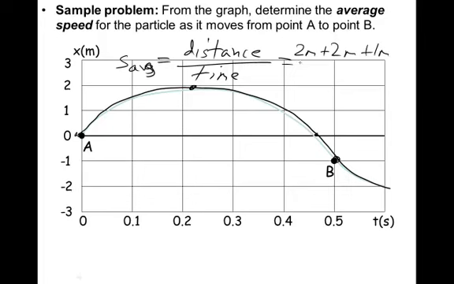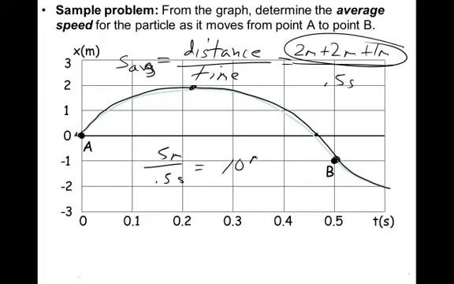Okay. Now we're calculating here the total distance, not the displacement. And that's taking 0.5 seconds. So instead we would have 5 meters divided by 0.5 seconds, and we get 10 meters per second. So notice that is a completely different value than for the average velocity because of our definition of the average speed.